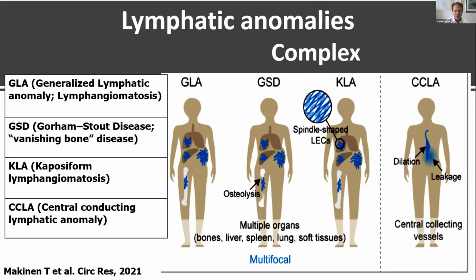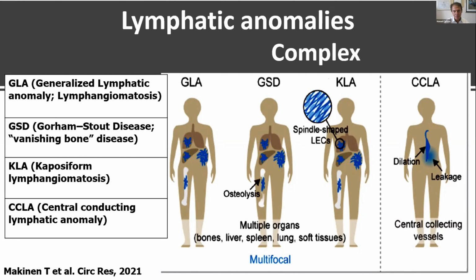The third is Kaposiform lymphangiomatosis, or KLA. Now, these 3 are all quite similar. They're all multifocal. So you have abnormalities or anomalies in multiple organs, particularly the bones, the liver, the spleen, the lungs, and various soft tissues.